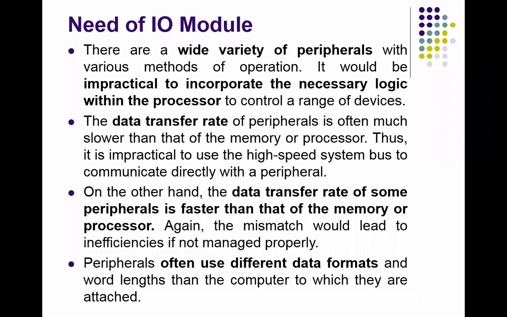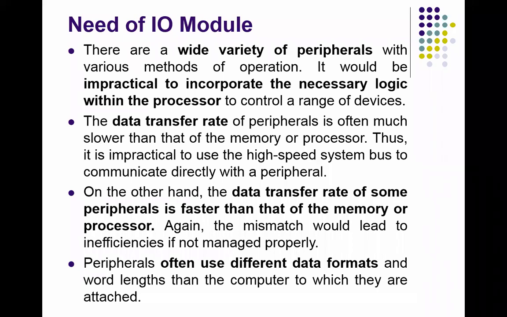At the other end, you will find there are some peripherals which are faster than your memory or the processor. So it is actually impractical to use a high speed system bus to communicate directly with the peripheral.